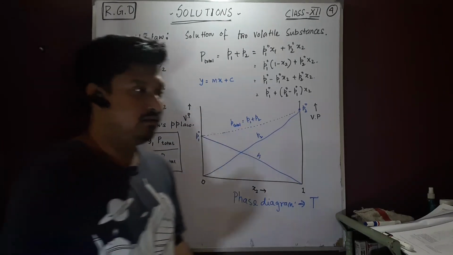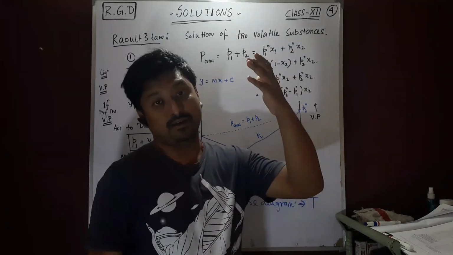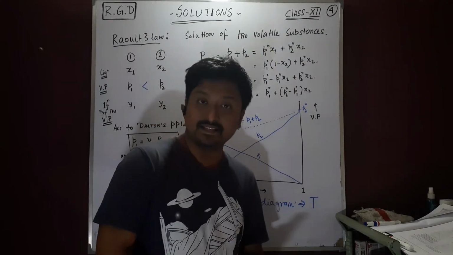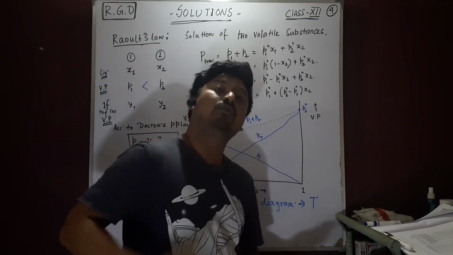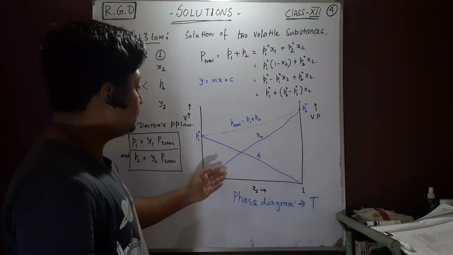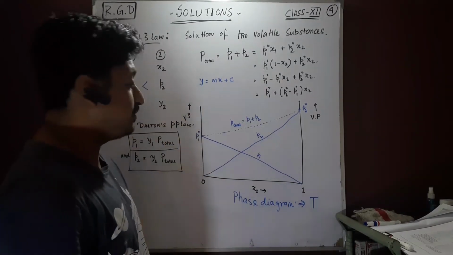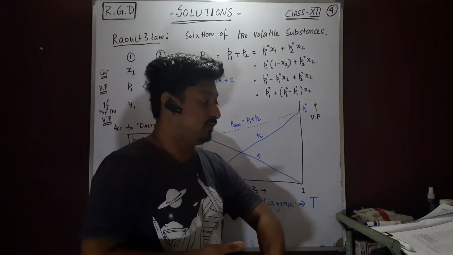Because the more the volatile substance there is, the more escaping tendency it has, and it will have a more partial vapor pressure. So this is the curve we obtained using Raoult's law, the mole fraction concept and the partial pressure law.